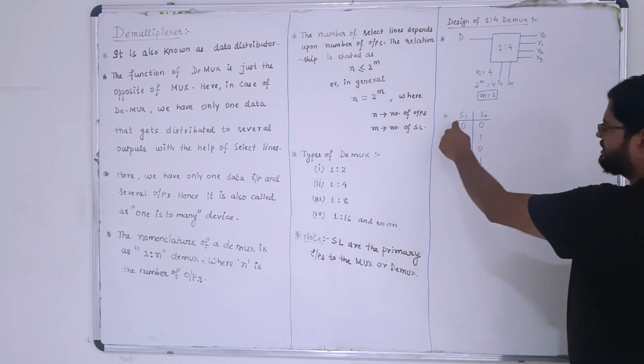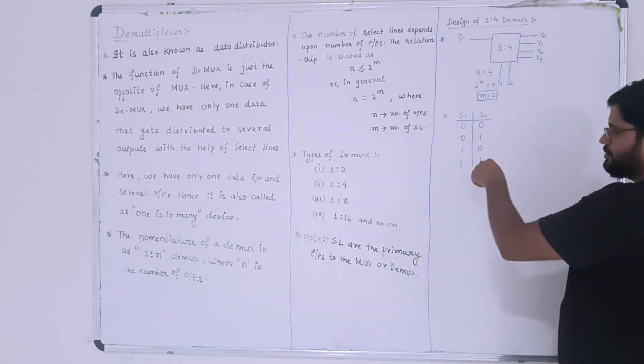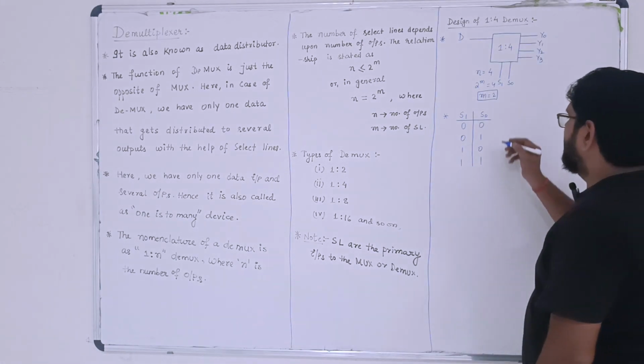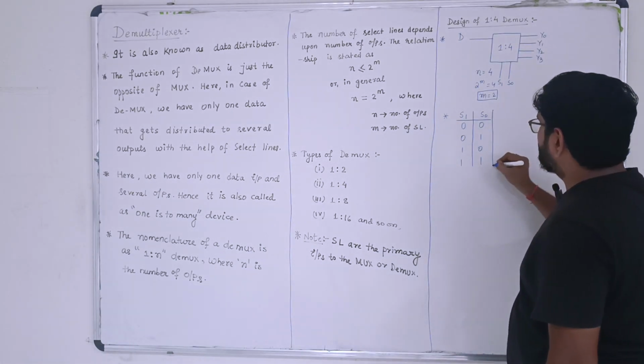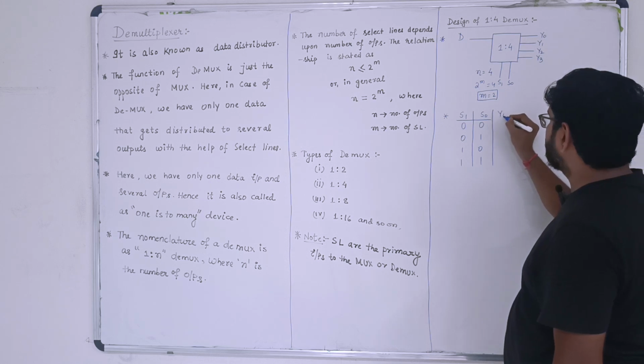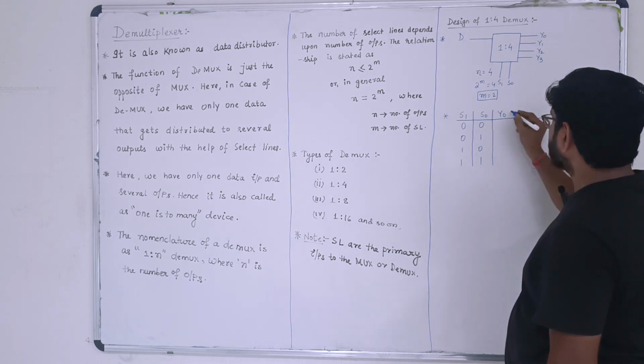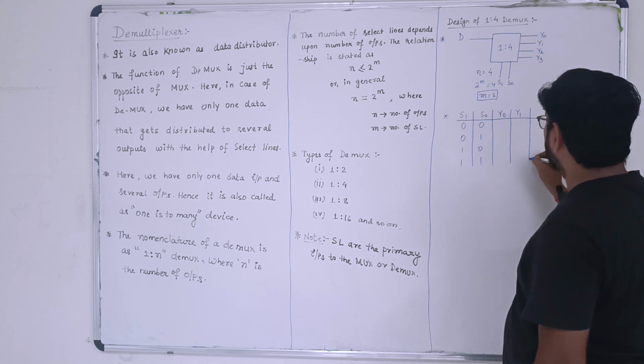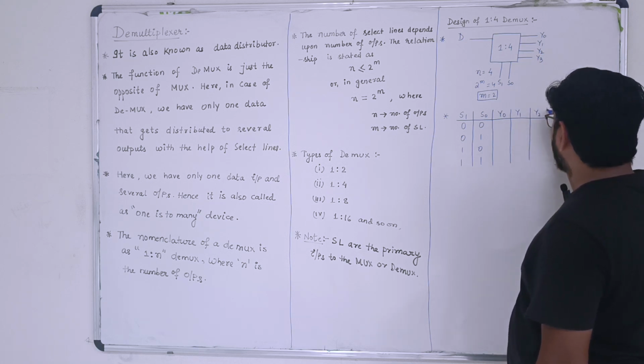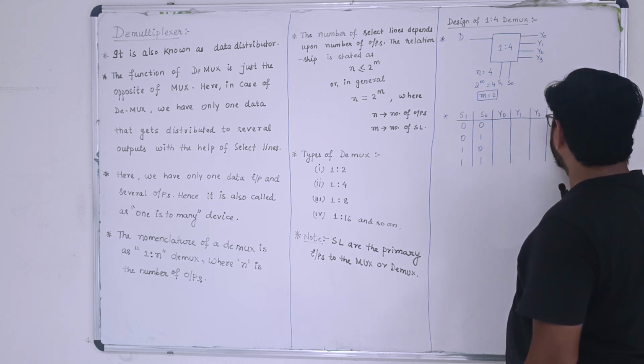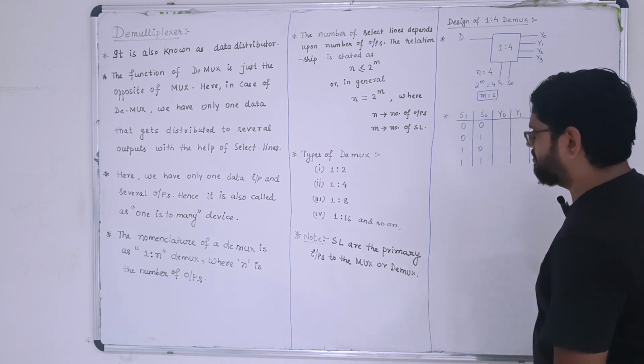Someone may want to write it as 0 0 1 1, or 0 1 0 1, which is also fine. After that, we'll go for the outputs. What are the outputs? That is Y0, Y1, Y2 and Y3. So these are the various outputs of the 1:4 demultiplexer.